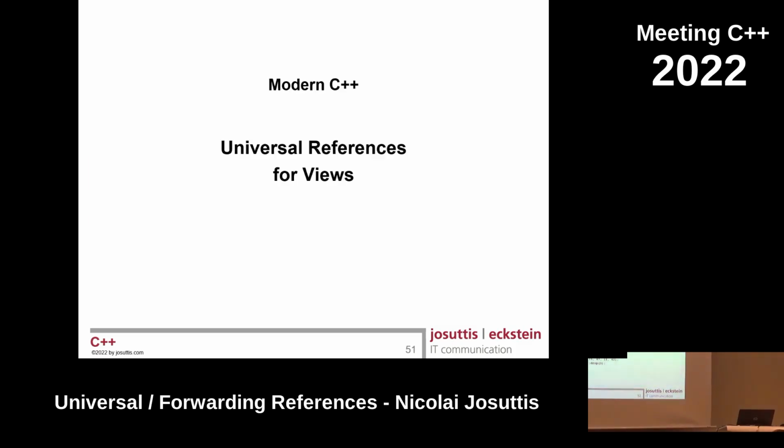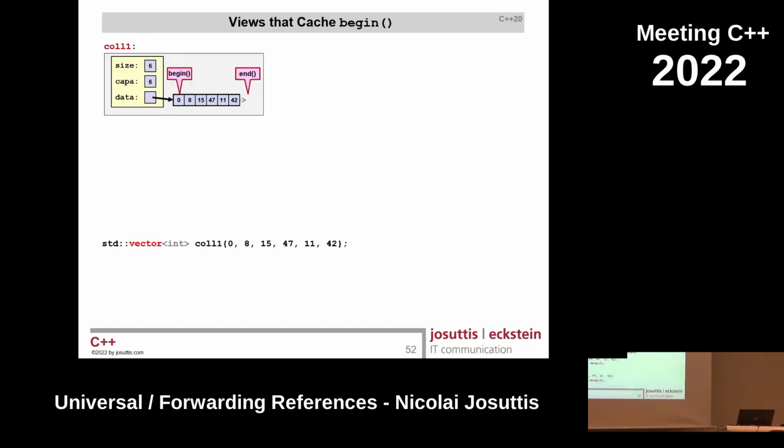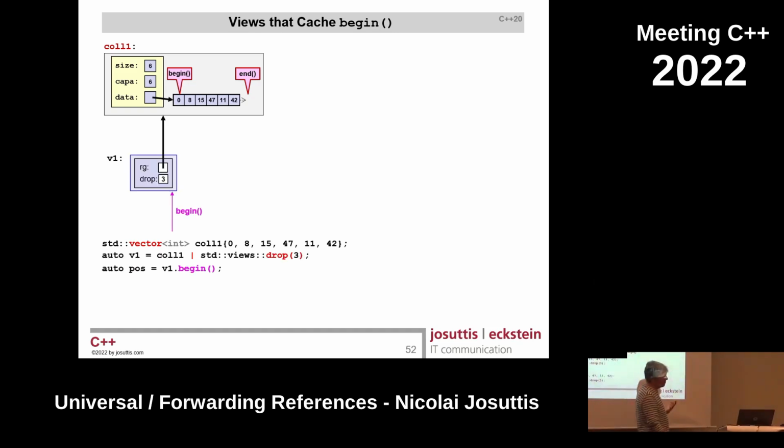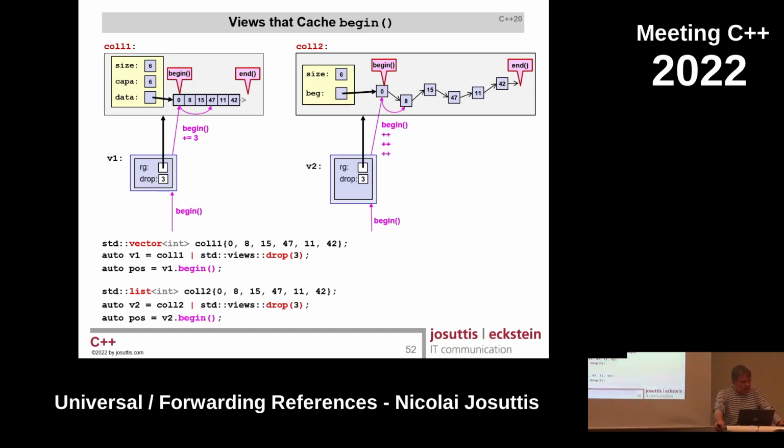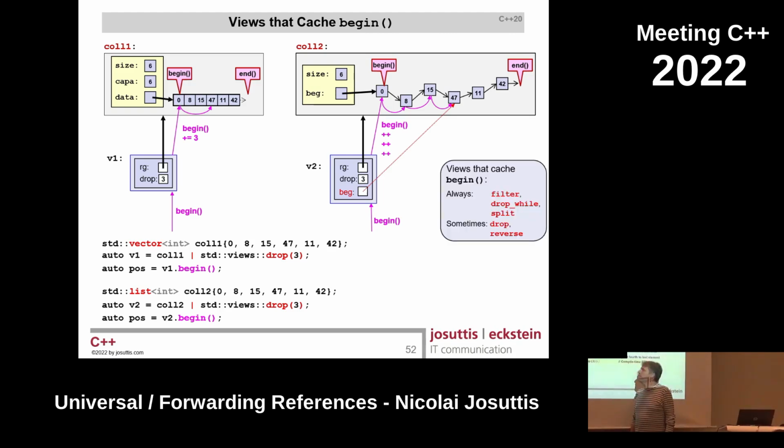That is where I come back to what most of you saw yesterday in the keynote, where we said we have views, and the views cache something. That means while you are iterating and you call begin, you modify them, so you cannot pass them as const.